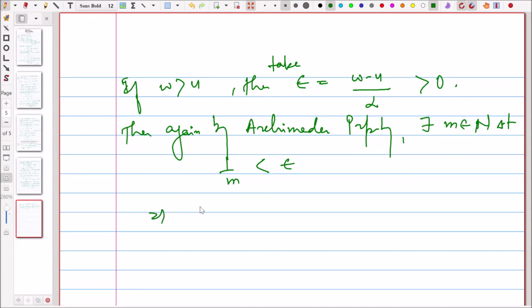So this implies U plus 1 by m is less than U plus epsilon, which is equal to U plus W by 2, which is equal to W minus epsilon, which is less than W.